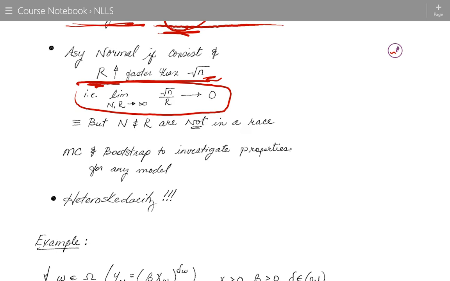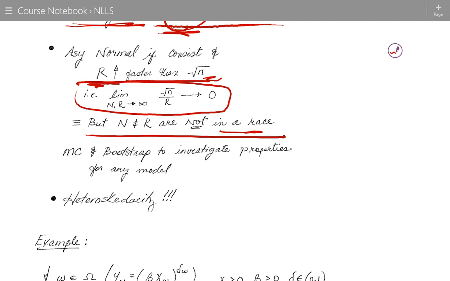Now here's an interesting question, and that is that you never are actually in a race. You don't have a sample size and a number of Monte Carlo draws, and off they go, and the number of Monte Carlo draws is increasing faster than the square root of n is increasing. It doesn't happen.